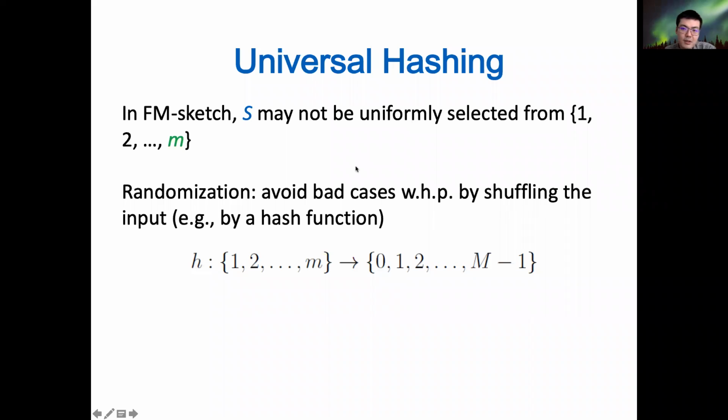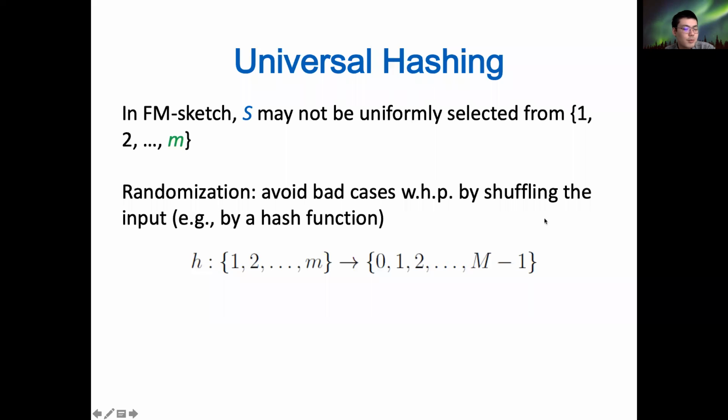You can still have a bad case, just like our binomial trial. Each time you fail with a certain probability, then you can try many times, like in our Chernoff bound, and if you still fail, the probability is going to be really low, decreasing exponentially. So that's the idea of using this kind of randomization.